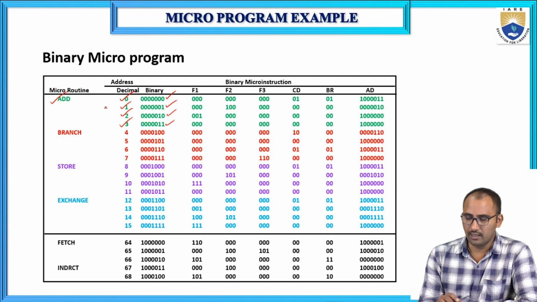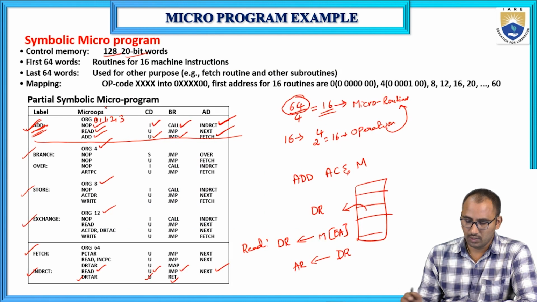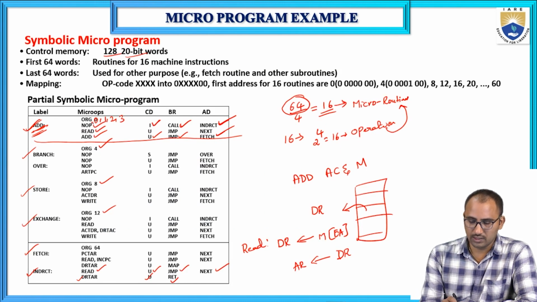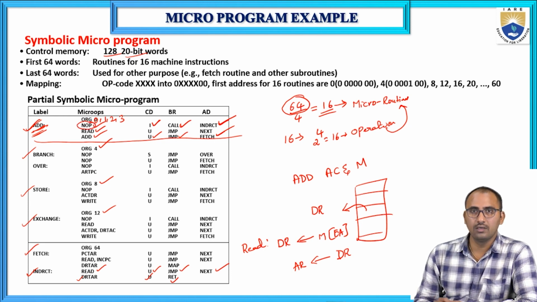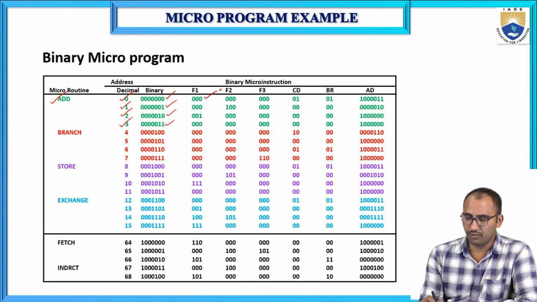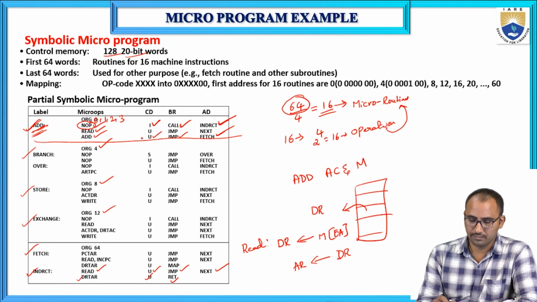So first one, add. What is this micro operation? NOP. NOP means 0, 0, 0, all zeros. So the F1 field is all zeros, F2 field all zeros, F3 field all zeros. What is the condition type?